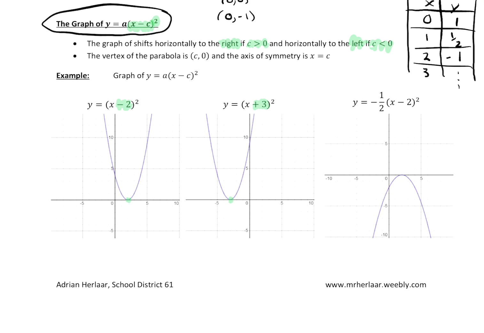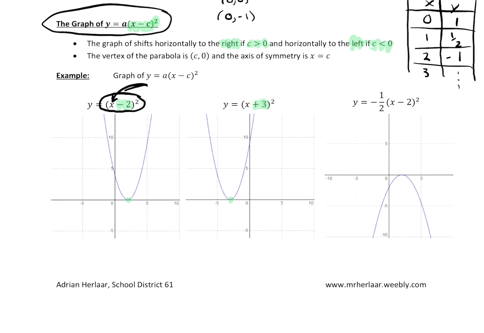What value of x makes y equal 0? Because if you think this is a horizontal shift, you're not worrying about the up and down. Your basic parabola, the vertex is on the x-axis, right? There is 0 y shift. So if you can make this whole thing equal to 0, that's where you've shifted left or right.